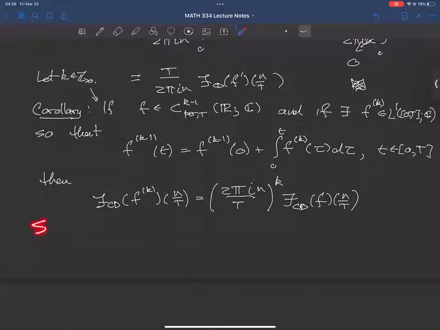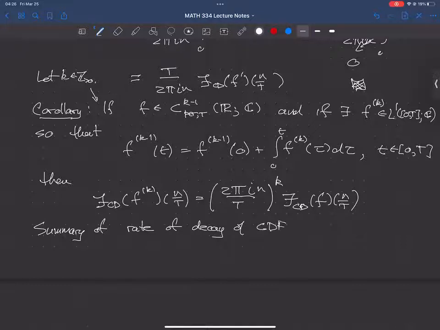Okay, all right, so let's try to write a little summary here of the rate of decay of the CDFT. We're going to write a list here of conditions for the rate of decay, going from slowest to fastest.